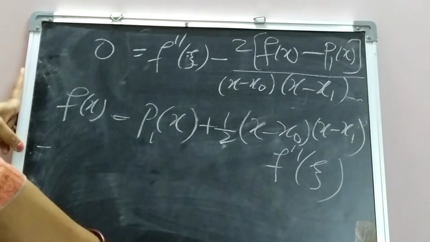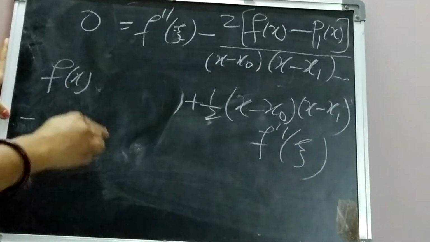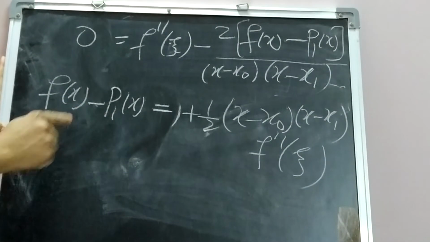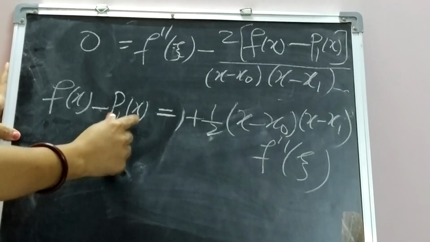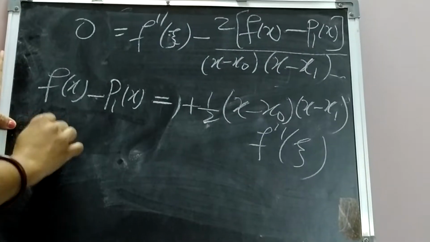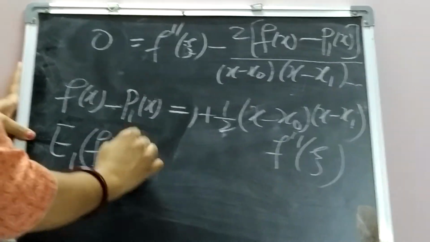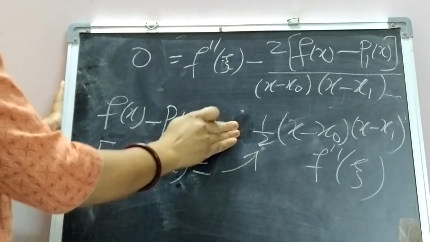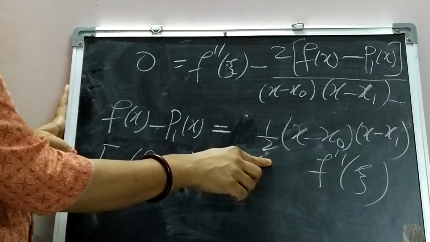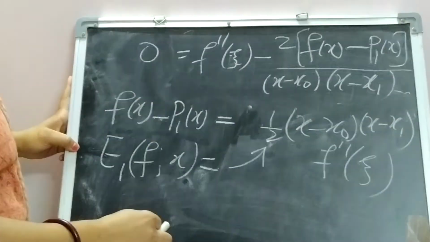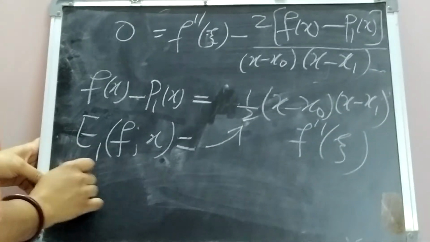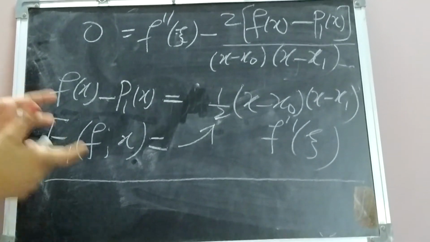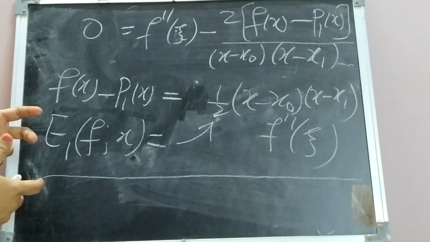In the next step, this will be f(x) minus p1(x), which is nothing but what we have named e1(x), and this is equal to 1/2 (x minus x0)(x minus x1) f''(xi). This is the expression for the error in linear interpolation, or the interpolation error when two data points are given.